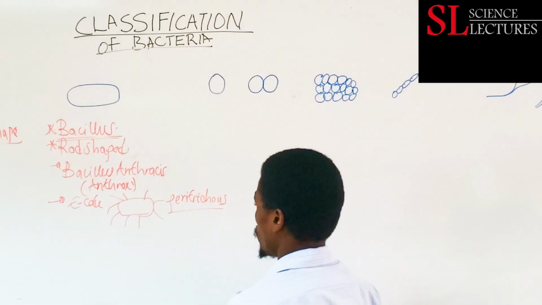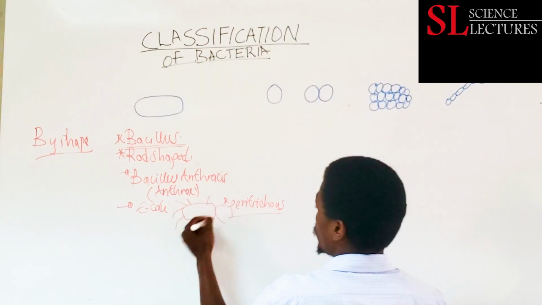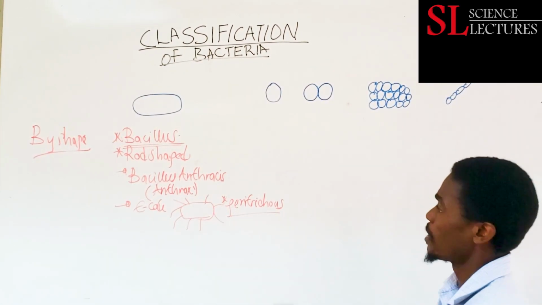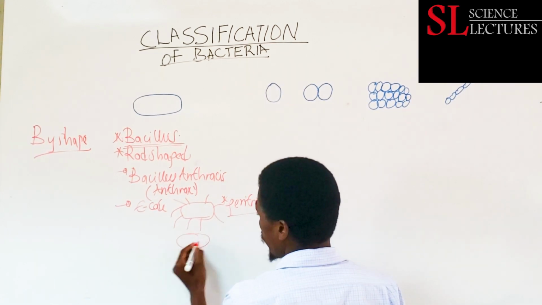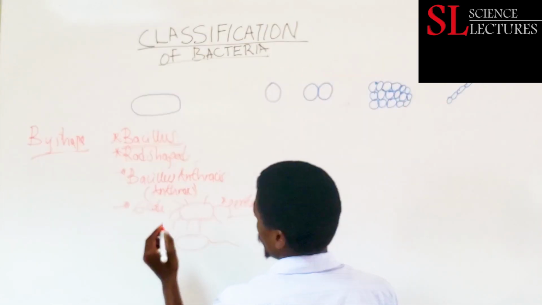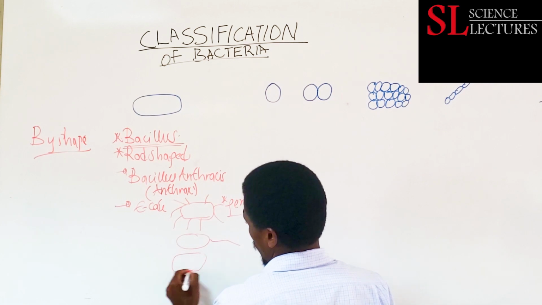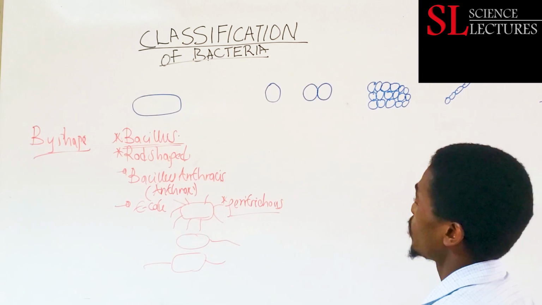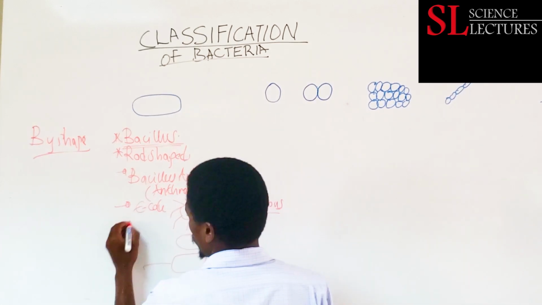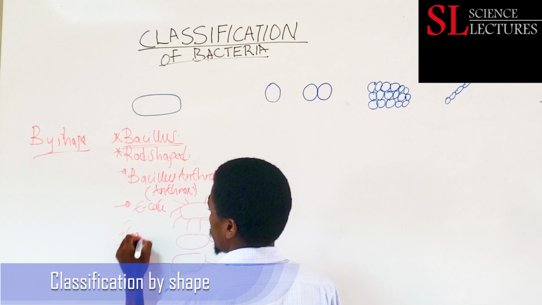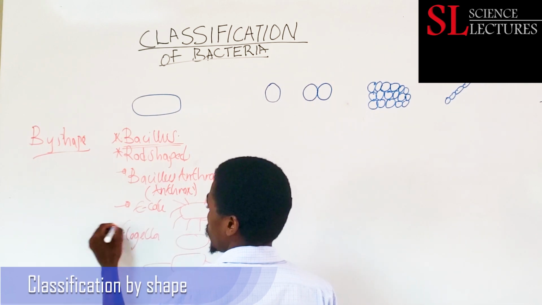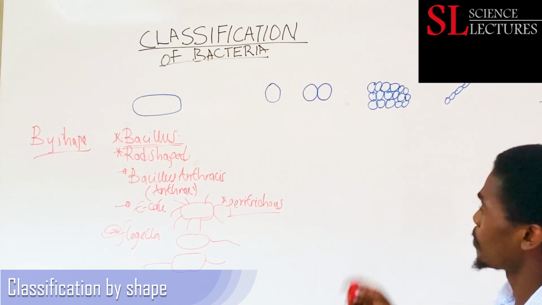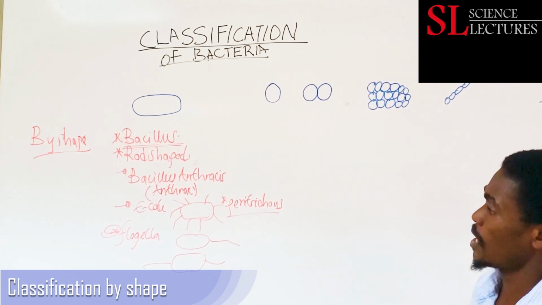If you didn't see the video, please go check it out. We said peritrichous is where we have many flagella surrounding the cell, monotrichous is one flagellum, and amphitrichous is where we have flagella on both sides. Most rod shaped bacteria possess flagella. So we've given two basic examples: Bacillus anthracis that causes anthrax, and E. coli.